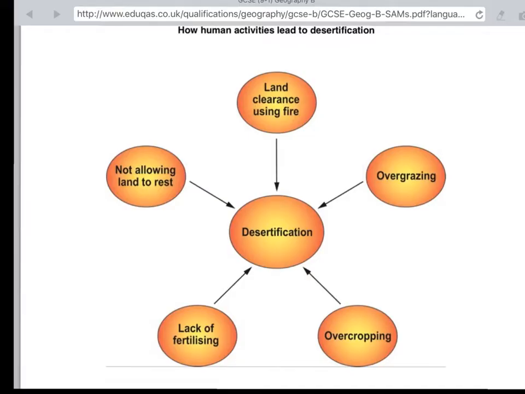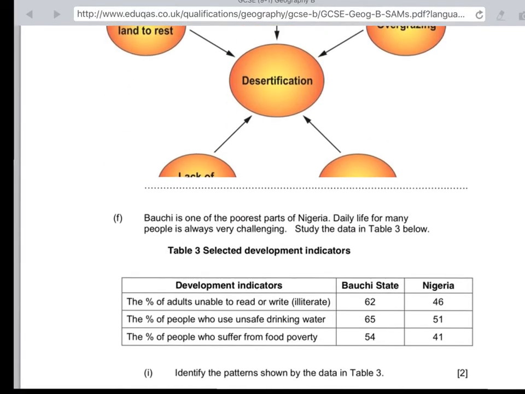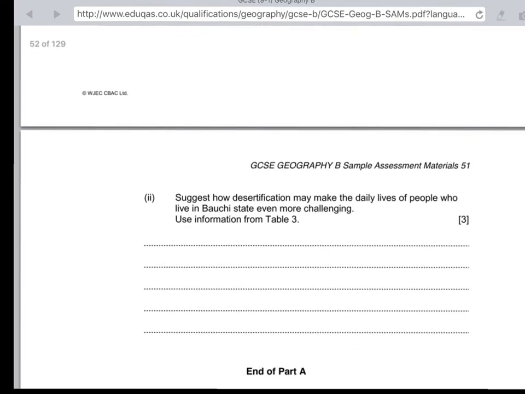It has higher numbers of illiterate population, more people drinking unsafe drinking water, more people suffering from food poverty. With this answer, I'd basically say it's got higher numbers for all three categories, and I might even use some numbers in there just to be absolutely sure. So that's nice and easy, but you get a feel that this is not a particularly wealthy part.